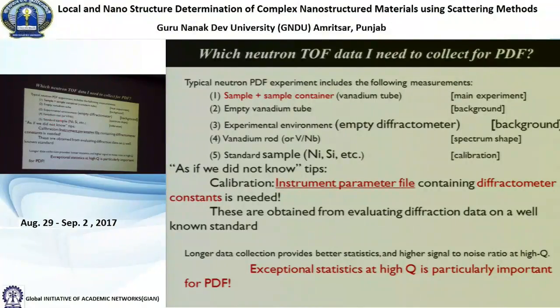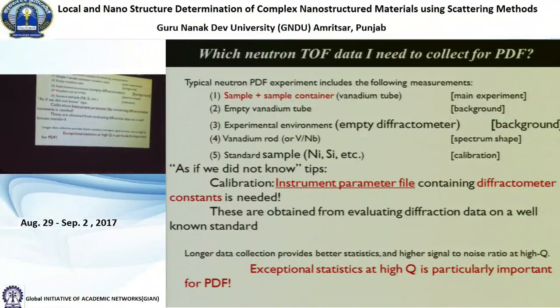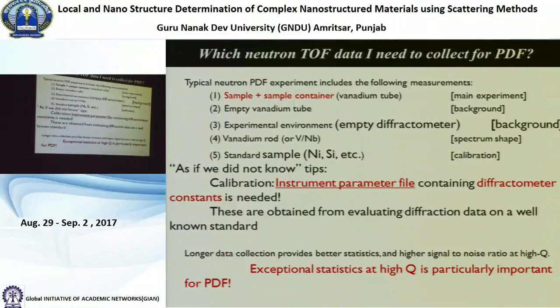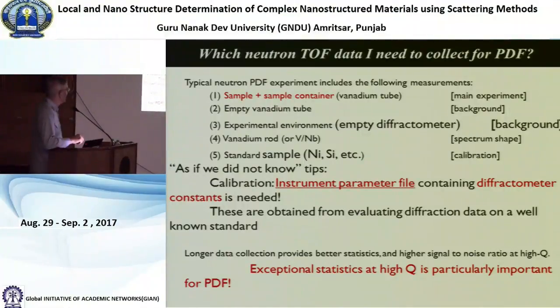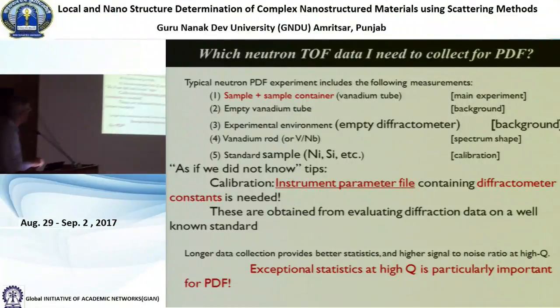Then in order to get a good normalization, so I told you it's very difficult to get a perfect normalization with X-rays. With neutrons, we can get a rather good normalization because we run a vanadium rod, which has very small Bragg peaks. A vanadium niobium alloy, you can make it so it has zero Bragg peaks. And so we weigh that.